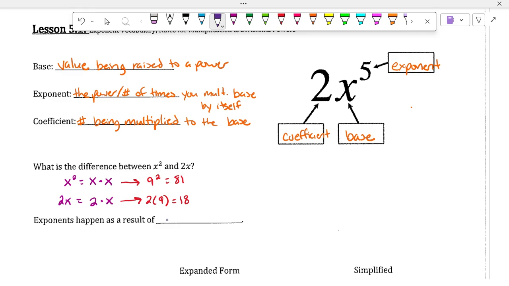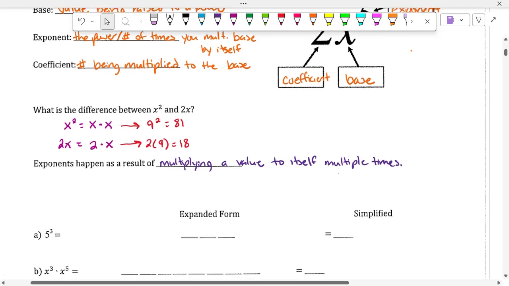So exponents happen as a result of multiplying a value to itself multiple times. All right, this is all review for you guys.